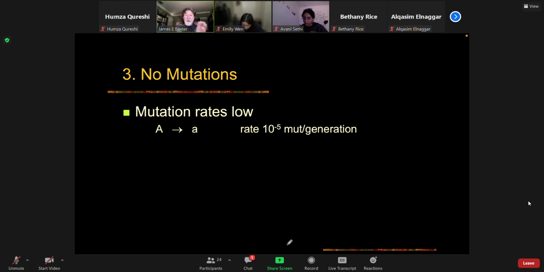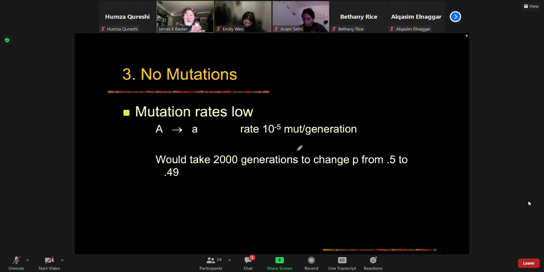We measure them at, this is just one value I got somewhere, I have others, and I don't expect you to know this rate, this is a very low mutation rate. Therefore, if we only allowed allele A to mutate into allele little a, to change the allele frequency from 0.5 to 0.49, and this is leaving out the reverse mutation of little a going back to big A, if we only have one way, it would take about 200 generations to change by 0.01.